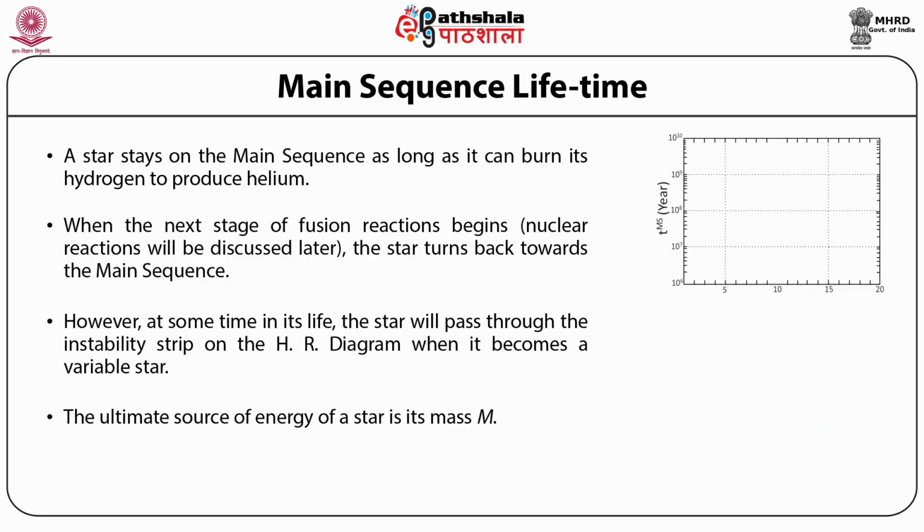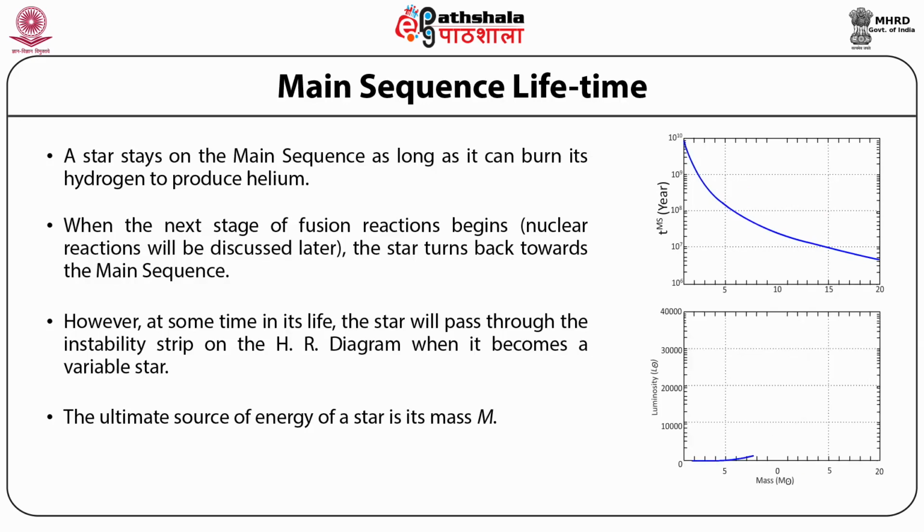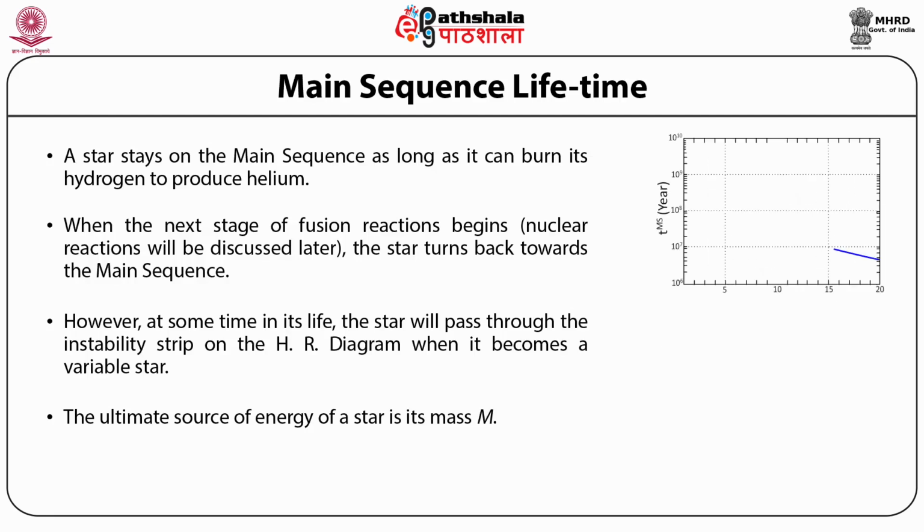For masses larger than 20 solar masses, the luminosity is probably directly proportional to the mass of the star.